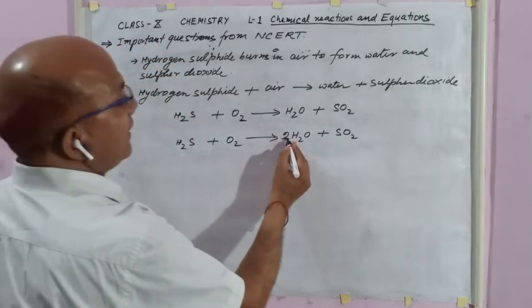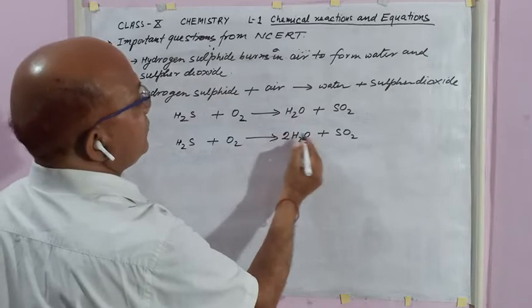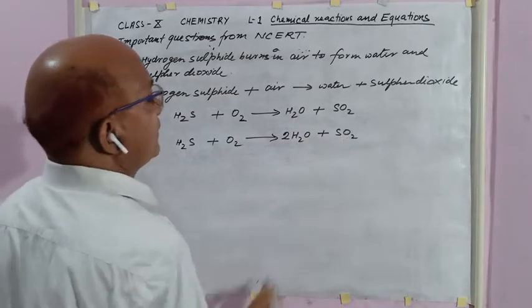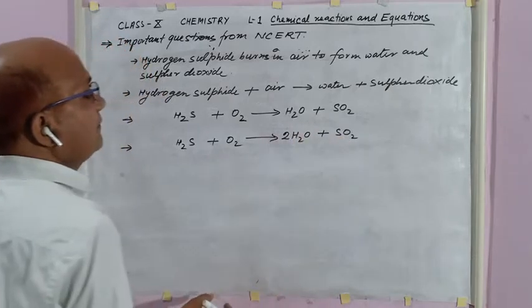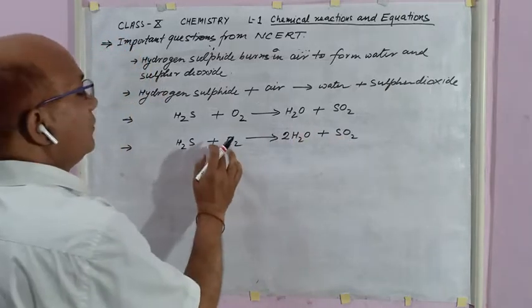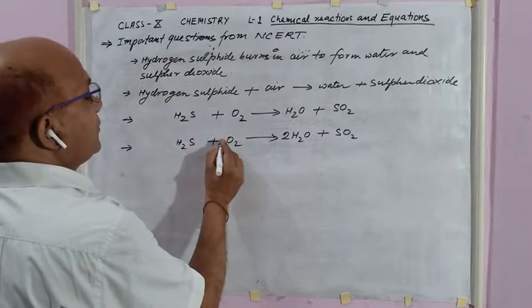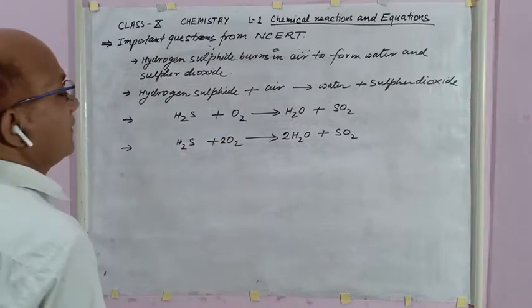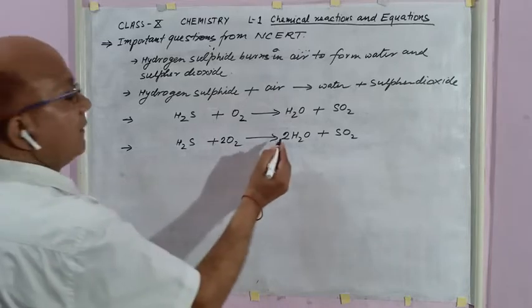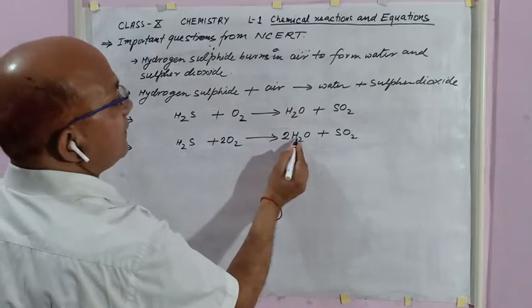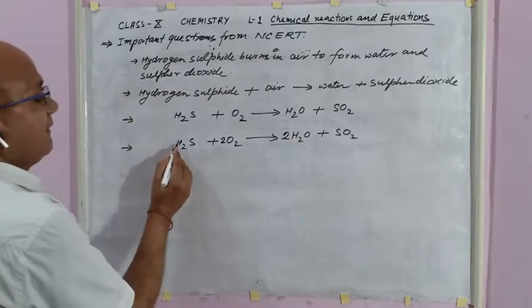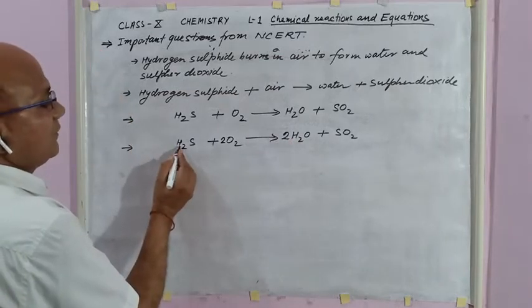So now on the right side 2H2O, 2O means 2 oxygen, plus 2 oxygen, there are 4 oxygen atoms, so we will multiply O2 by 2. Now, as you can see, there are 4 hydrogen atoms, but on the left side there are only 2 hydrogen atoms.